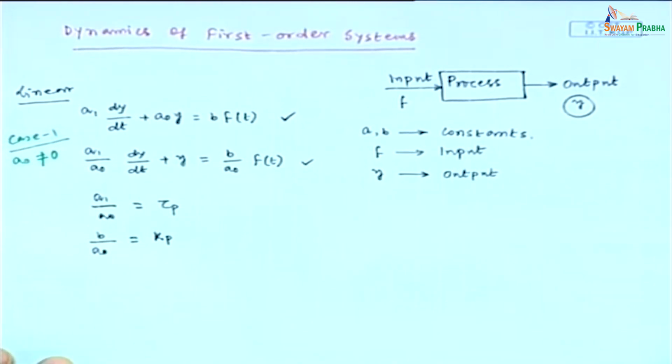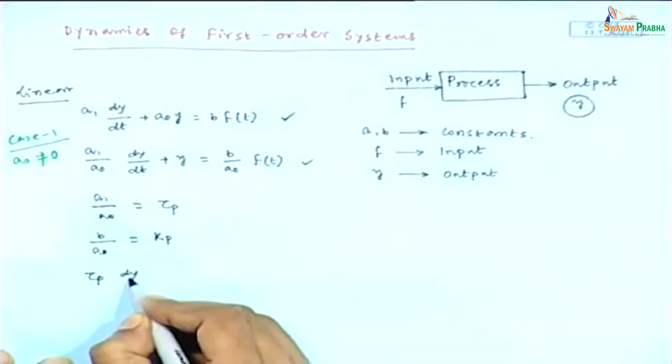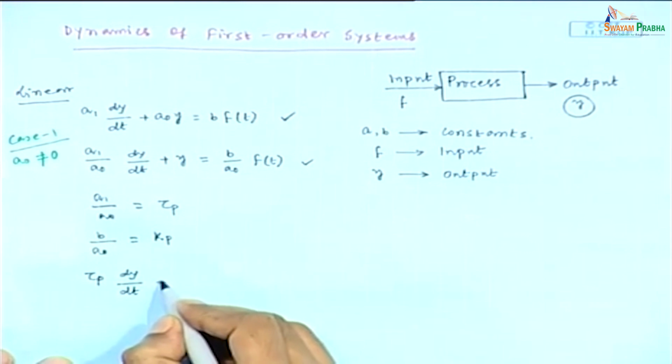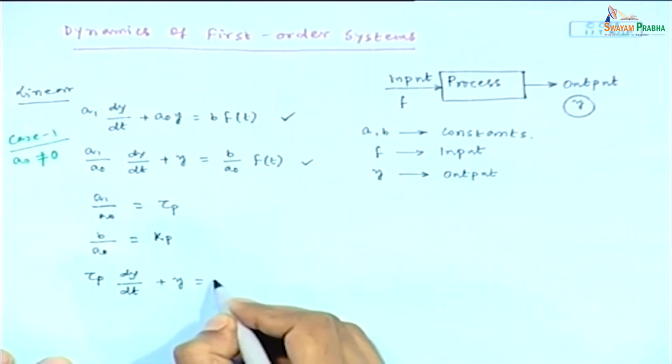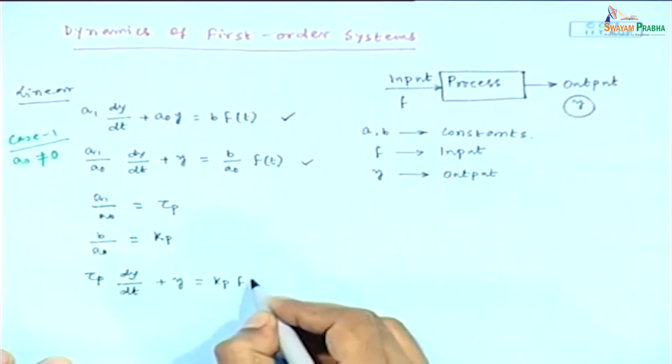Then the linearized form of the first order differential equation for the case of a1 not equal to 0 becomes tau p dy/dt plus y equal to K p f(t).